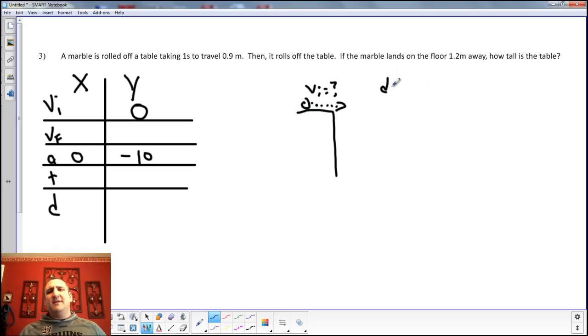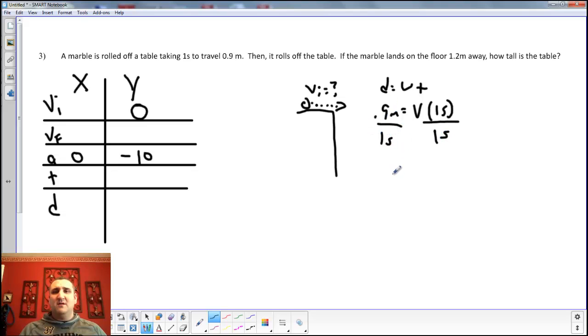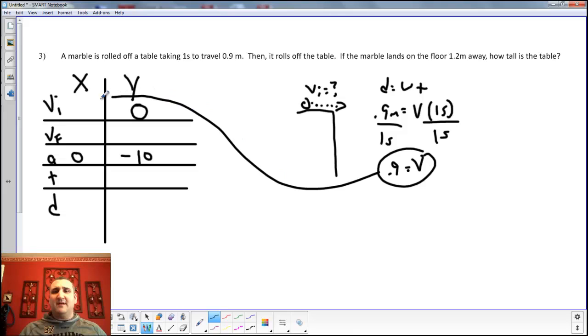We know it took 0.9 meters and it went some velocity for 1 second. And if we divide both sides by 1 second, 0.9 over 1 is 0.9 equals my velocity. So this is where we're going to get that one from, 0.9 meters per second.